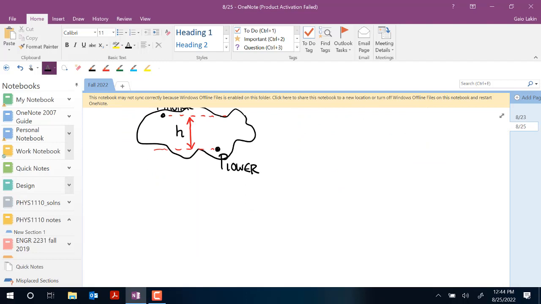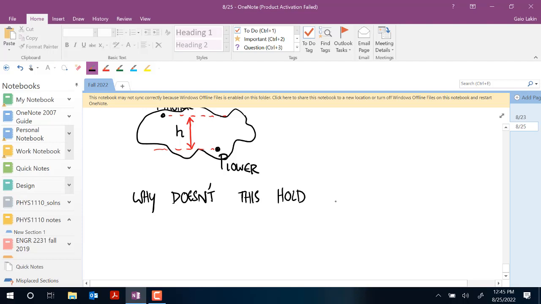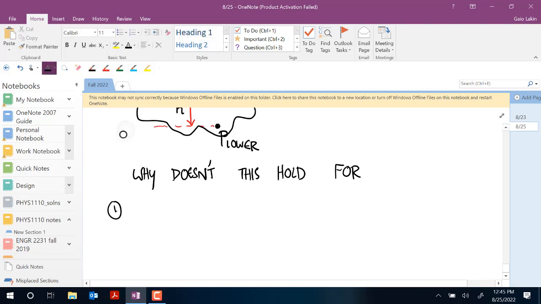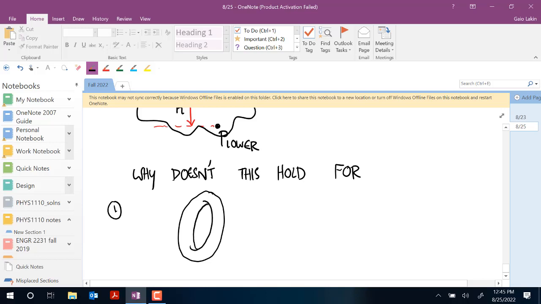So why doesn't this hold for the first one? Imagine you pump up an inner tube tire. Now you have this point and this point.